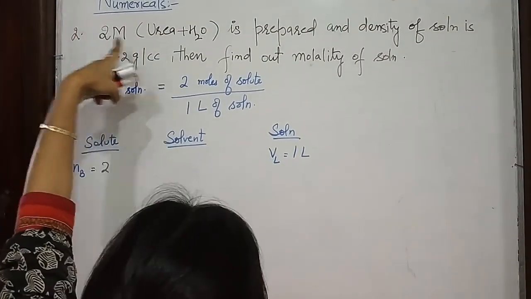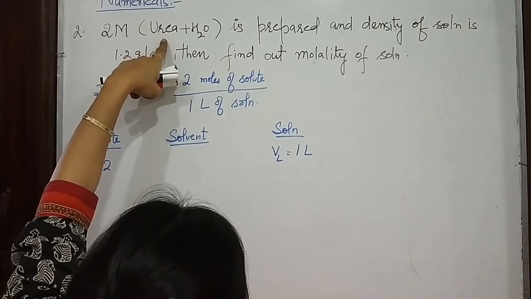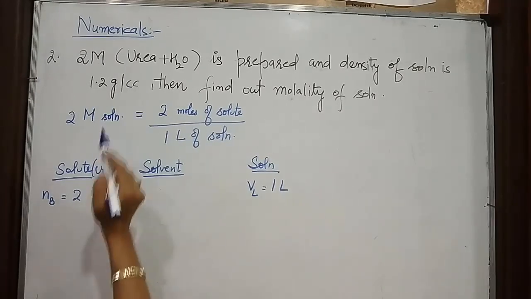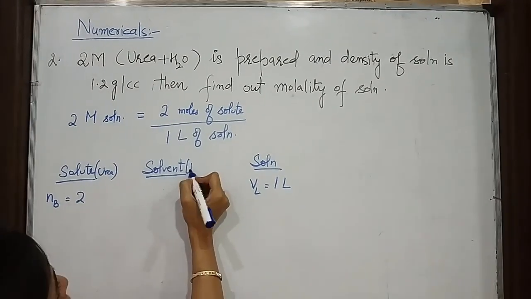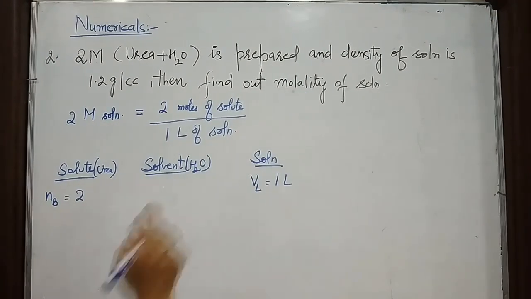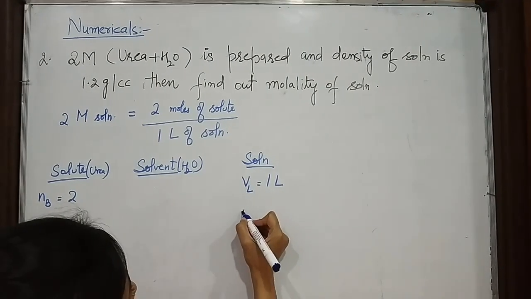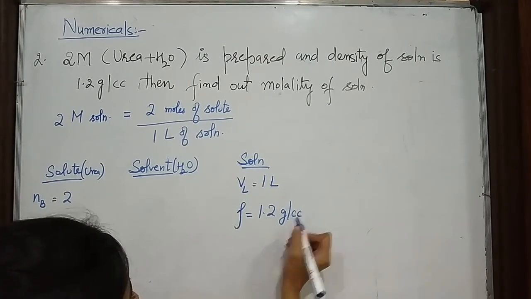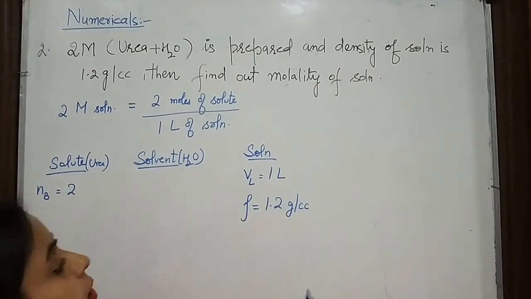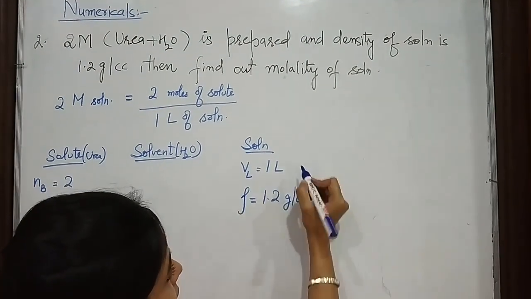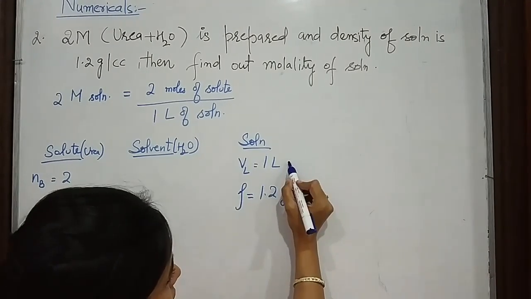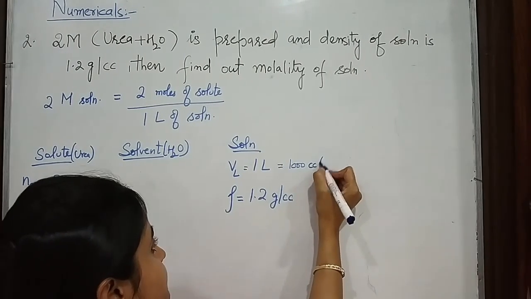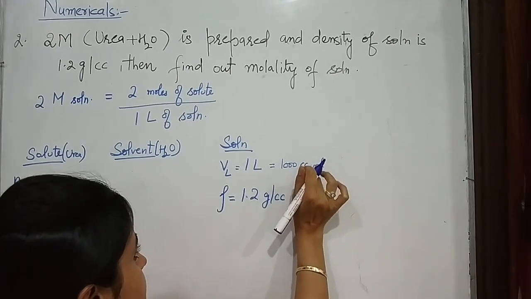Now read the question again. 2 molar solution, and here solute is urea and solvent is water. Density of solution is given to you, that is, density is equal to 1.2 grams per cc. I told you earlier that cc is similar to milliliters. So you can also write this volume as 1000 cc or milliliter. This is all.